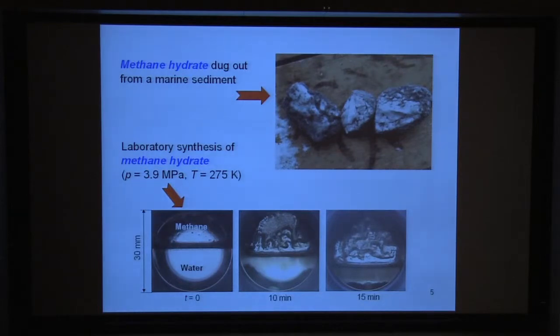And we can also synthesize this in the laboratory. This is a photograph of what we actually formed in our lab, and we applied 3.9 megapascal of pressure. Here you see this wide area and this liquid layer, and this is the methane hydrate.